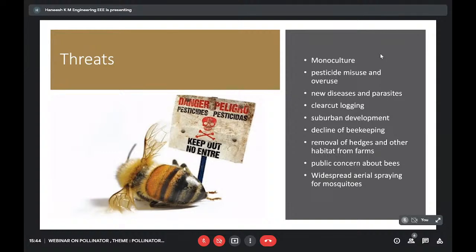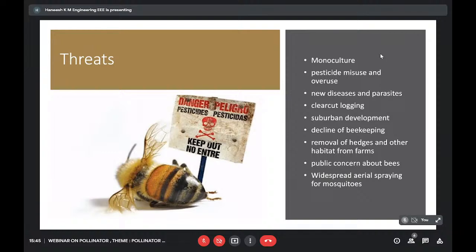Another thing is pesticide misuse and overuse, which you are very familiar with. Pesticides are not only killing the pests, they are killing most of the small insects and small creatures. And it is also reaching the higher levels of the food chain. So pesticide misuse has impacted our environment very badly.